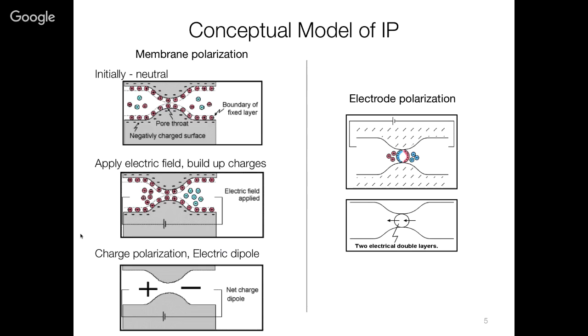So if I'm sitting here, the positive charges want to go this way, negative charges want to go that way. But if the pore throat is fairly small, especially the positive cations can't get through. So they just clump up, right? And they'll continue to clump up, but you can't put an infinite number there, because if you get too many positive charges, that actually reverses the field.